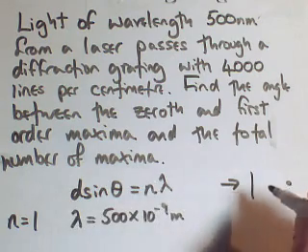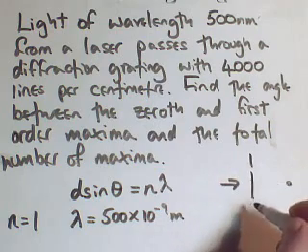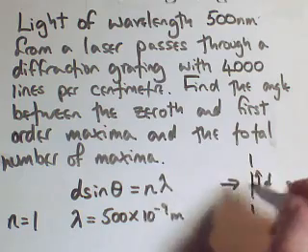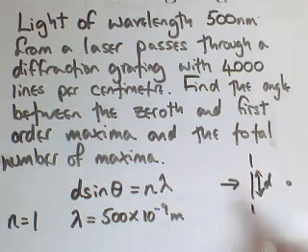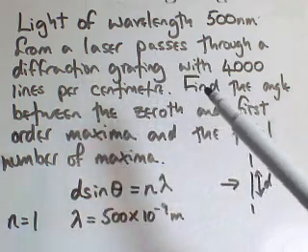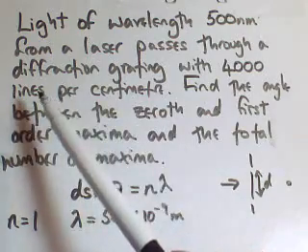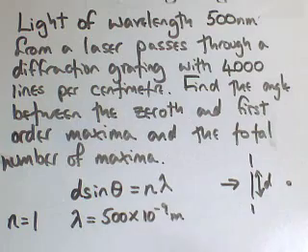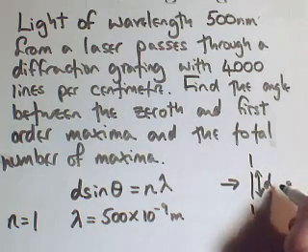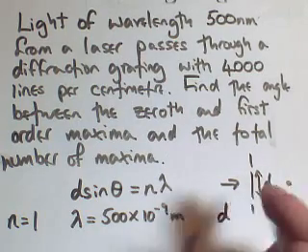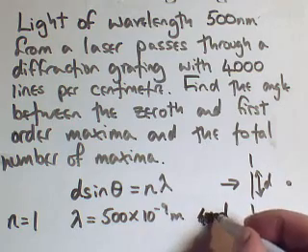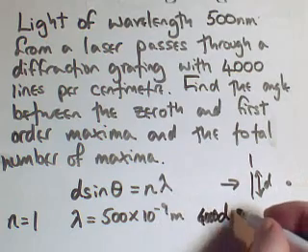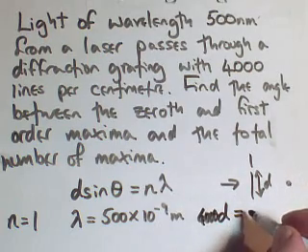I need d. Now d, remember, if you've got gaps between slits, d is the distance between two gaps in the diffraction grating, or the separation, if you like, of the lines in the diffraction grating. Now, I'm not given that directly, but I'm told there are 4,000 lines per centimetre. So my d is going to equal, well, I know that 4,000 of these lines are a distance of 1 centimetre.